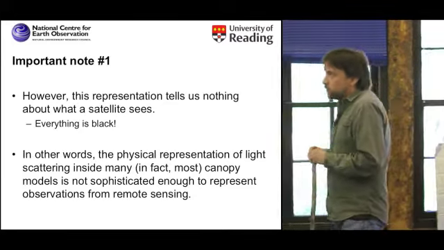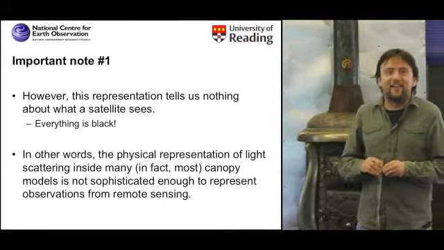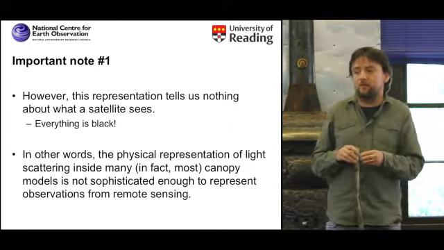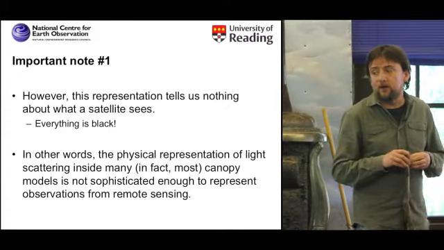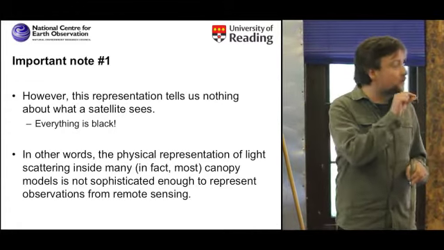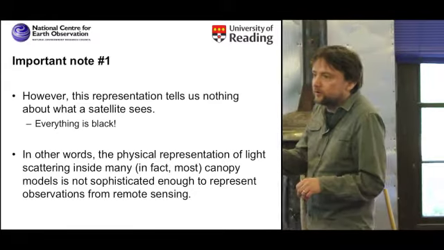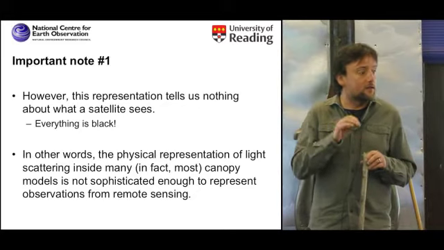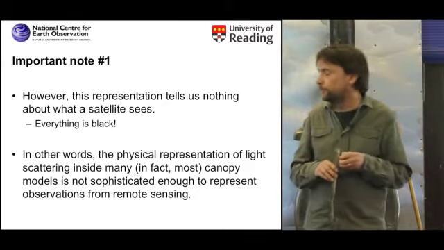In other words, the physical representation of light scattering inside many canopy models is not sophisticated enough to represent observations from remote sensing. And even those models which are starting to include leaf reflectances are still not sophisticated enough to predict remote sensing signals.